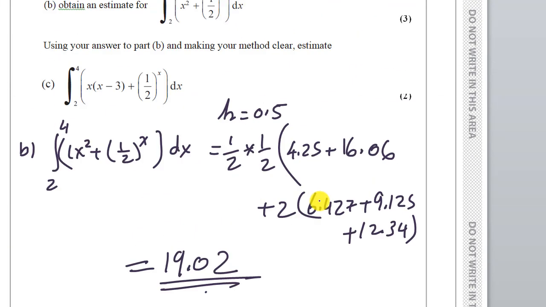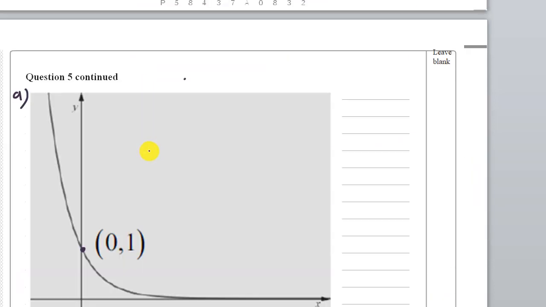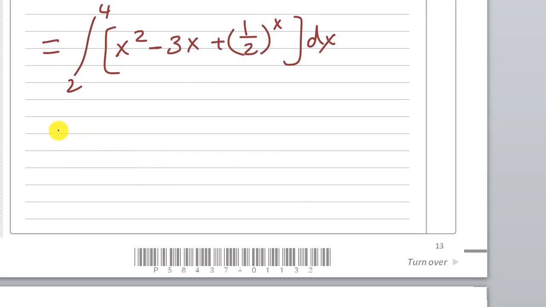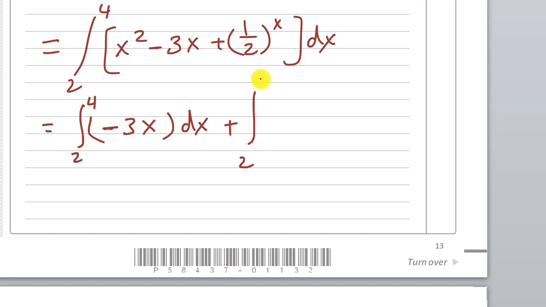Now we have x squared plus half power x. So I can write now, from 2 to 4, minus 3x dx plus from 2 to 4 x squared plus half power x, all of them is dx.